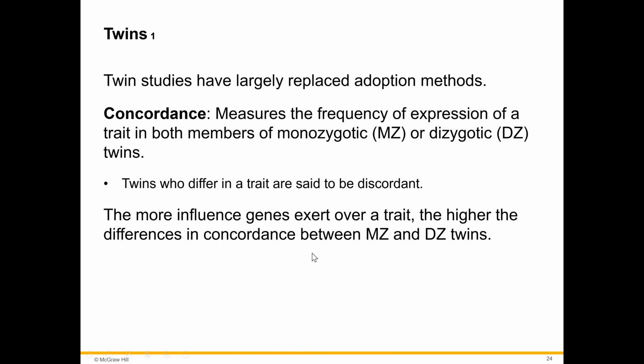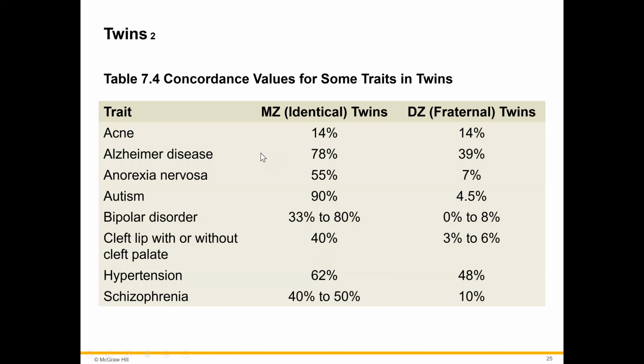Now, what it means, I'll explain to you over here. For example, we're going to look at acne. If we look at identical twins, acne happens 14% in identical twins. And we're looking at fraternal twins, and fraternal twins are just like brothers and sisters.